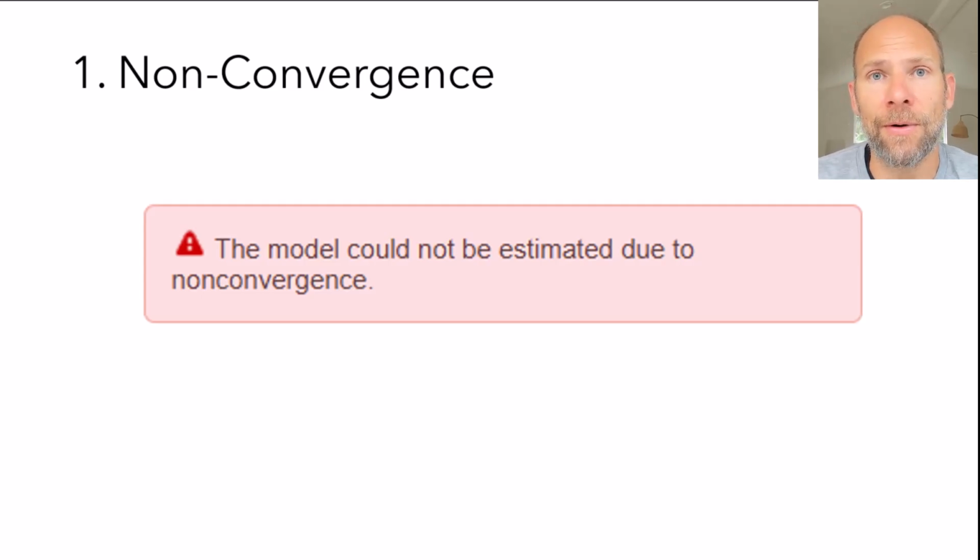For example, when you have a model that is too heavily parameterized, or we could say over-parameterized, where you have too many factors, for example, or too many loadings or cross-loadings or parameters that are not really needed to fit your data, then the model may have trouble finding solutions for all those parameters, many of which may be non-substantial. Or also when you have an extremely underspecified model, this can happen.